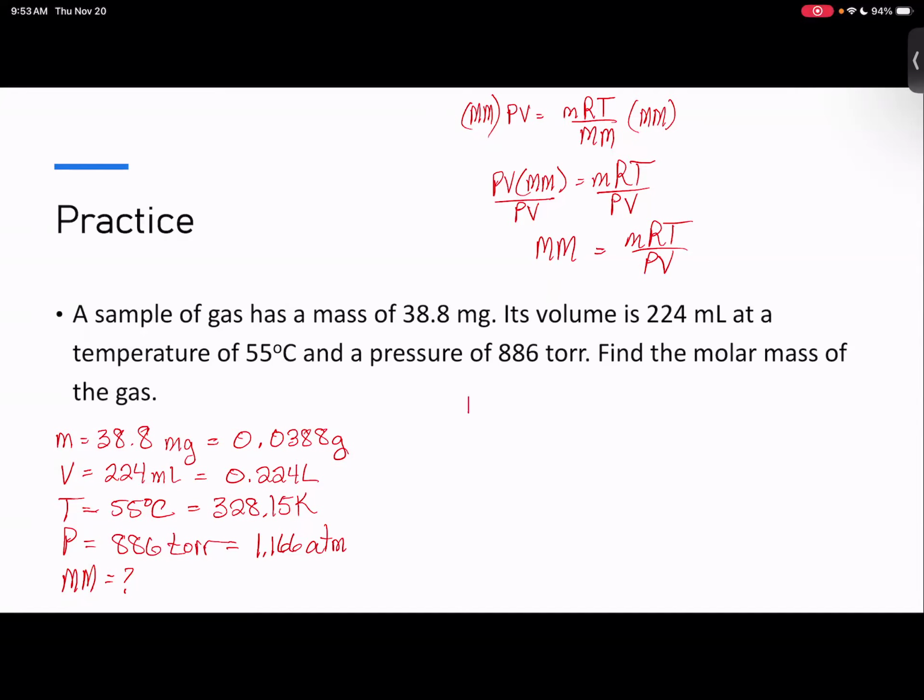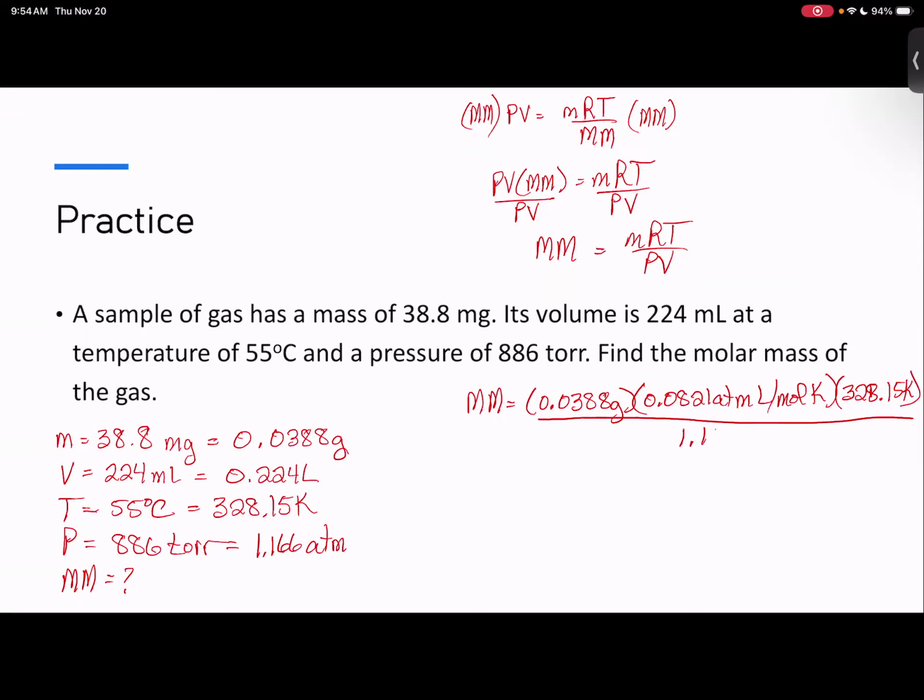So using that information, the molar mass is going to be equal to the mass, 0.0388 grams, times R, which is 0.0821 atmosphere liters per mole Kelvin, times the temperature in Kelvin of 328.15, all divided by the pressure in atmospheres of 1.166 atmospheres, times the volume, which was 0.224 liters.